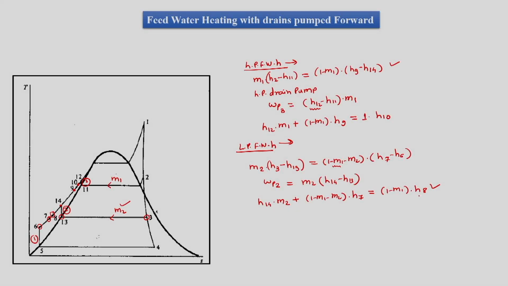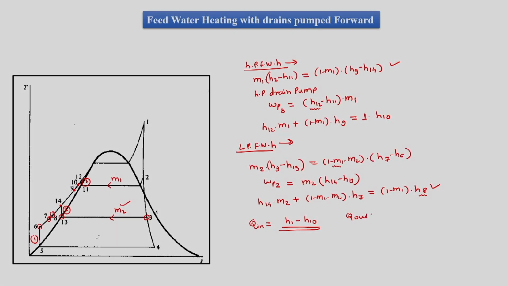So this is how we have to obtain point 8, and then we can state that Q in, the amount of heat added, is H1 minus H10.